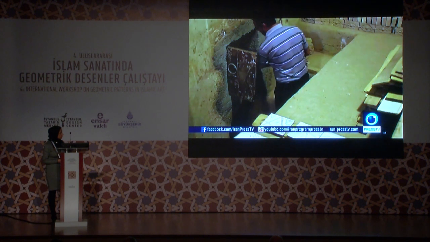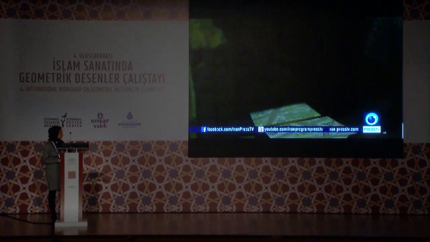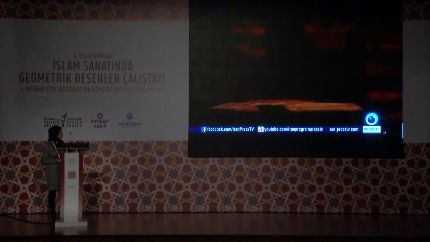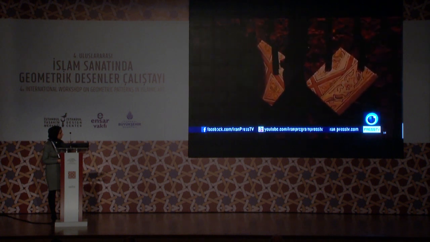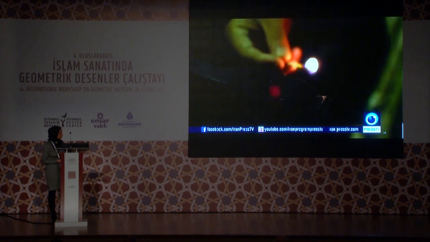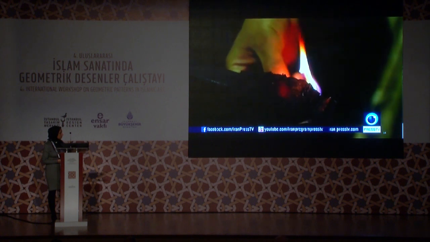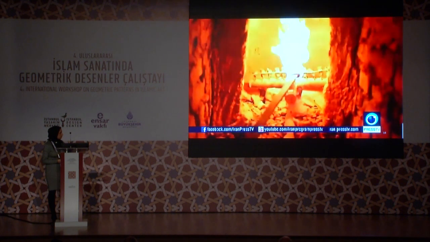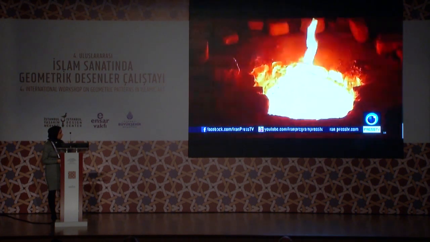The next stage requires the colored tiles to be glazed and placed in kilns, so they are fired at high temperature. The 7-color tiles are popular because they are highly resistant to sunlight, cold, and humidity. That's why they stay in good condition for a much longer period as compared to other forms of tiles.